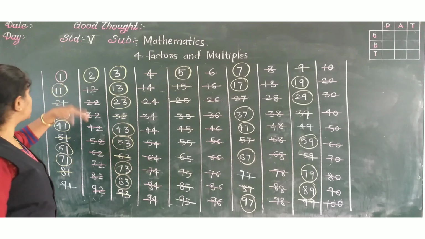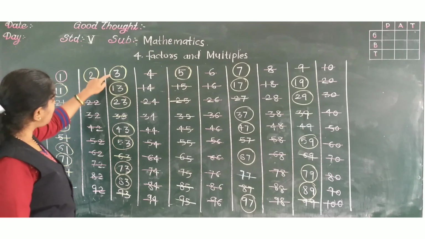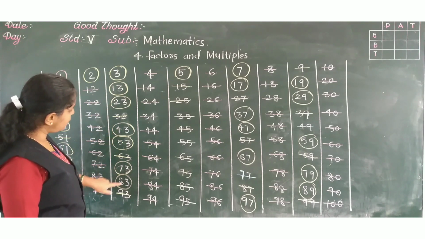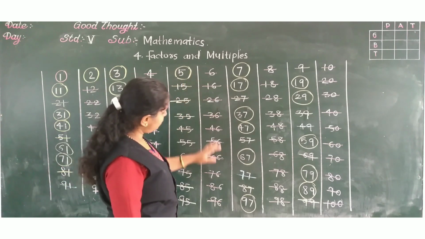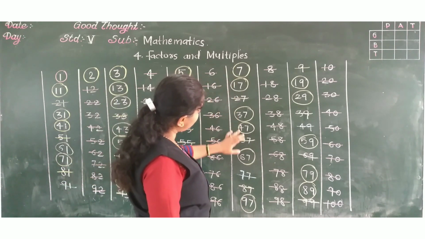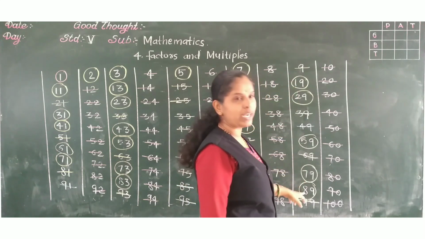We will count like this: 1, 2, 3, 4, 5, 6, 7, 8, 9, 10, 11, 12, 13, then 14, 15, 16, 17, 18, 19, 20, 21, 22, 23, 24 and 25.